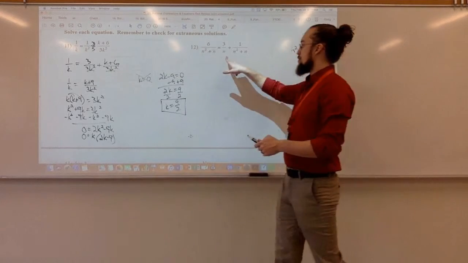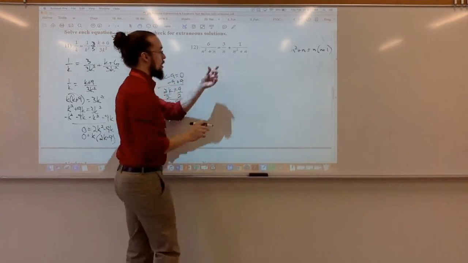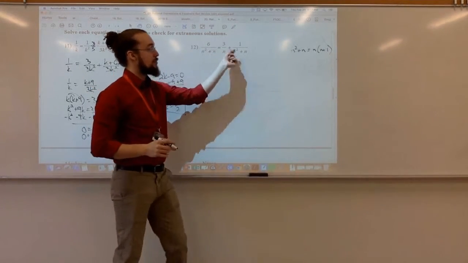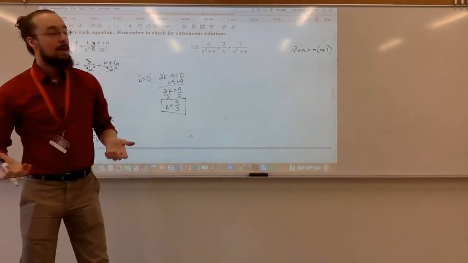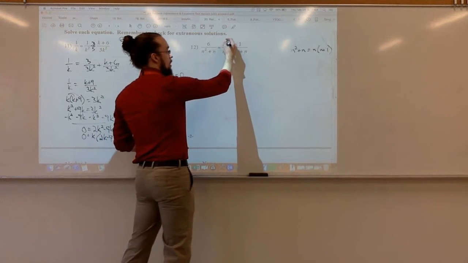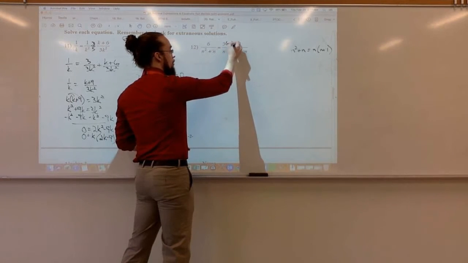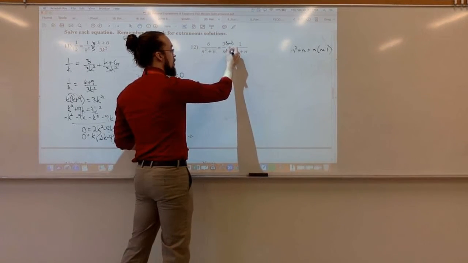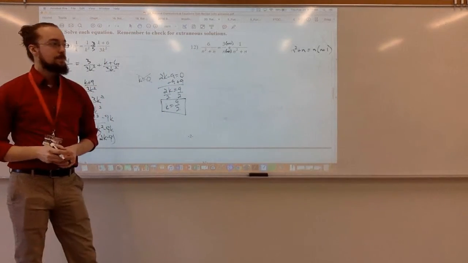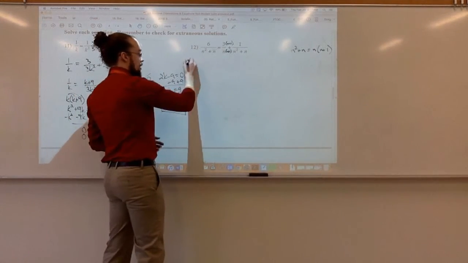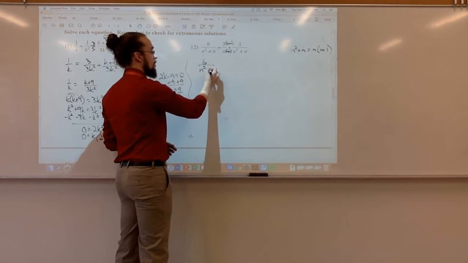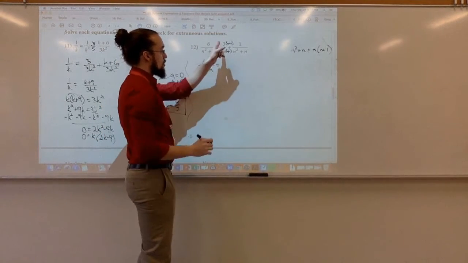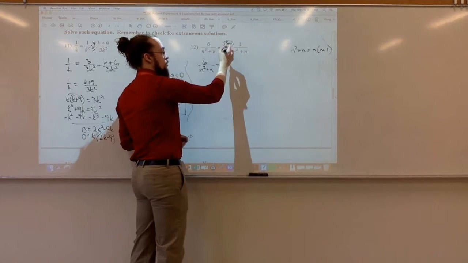So if I think about this fraction here, or this denominator, it has the factor of n. It's just missing the factor of n plus 1. So what I can do is multiply this fraction by n plus 1 over n plus 1. So when I do that, this one will stay the same. 6 over n squared plus n equals, so here I would have to distribute this 3.